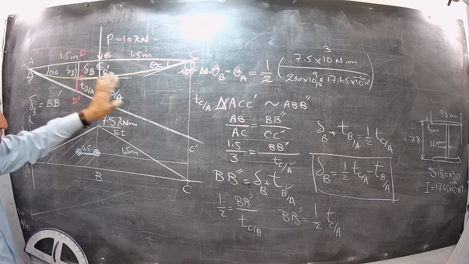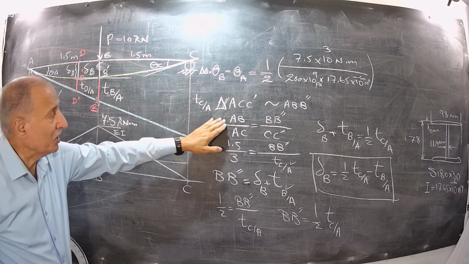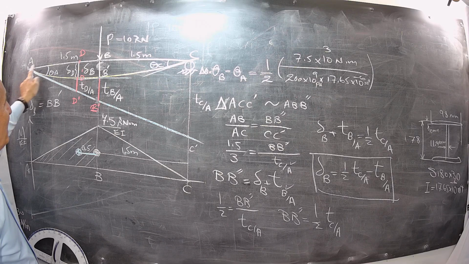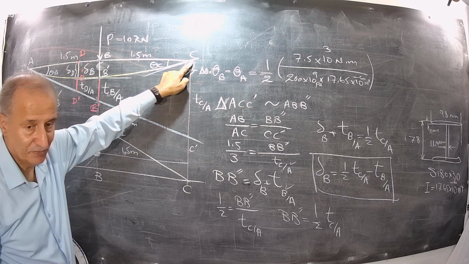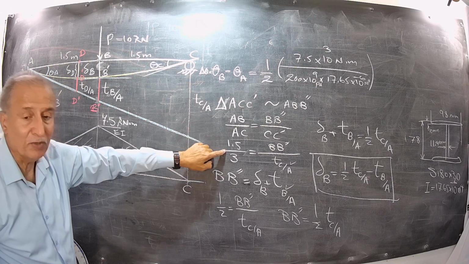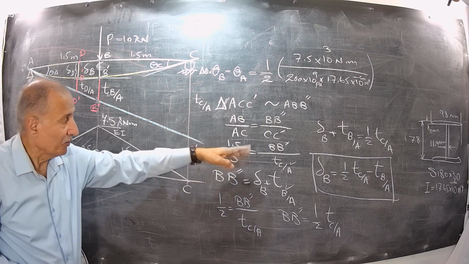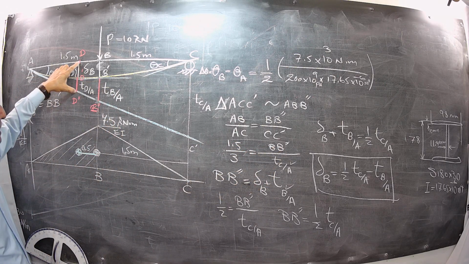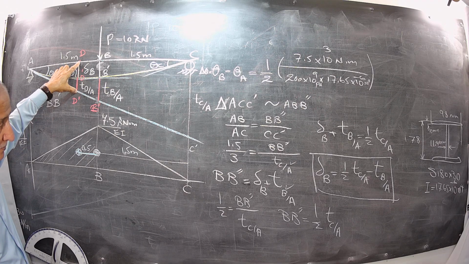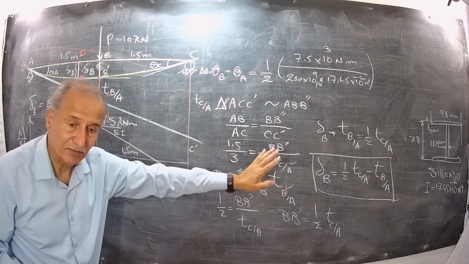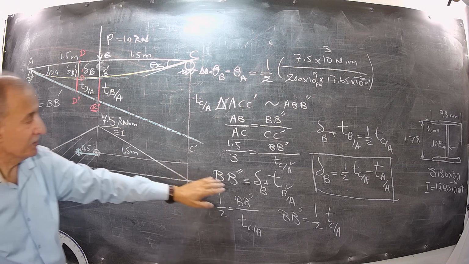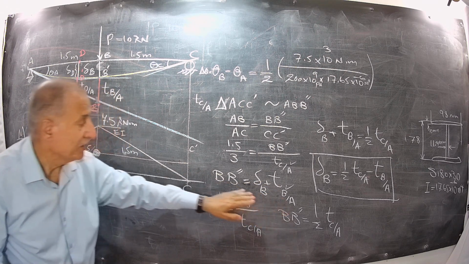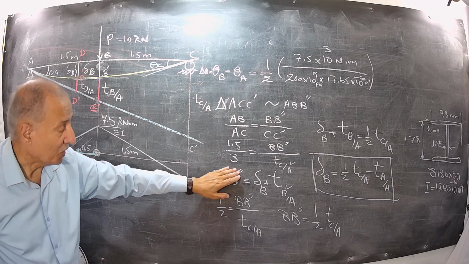Okay, write the geometry again here. Instead of AB over AC, you write AD over AC. Only this ratio will change. The rest, instead of BB'', you write DD''. TCA is the same. Then delta D plus TDA is equal to DD''.